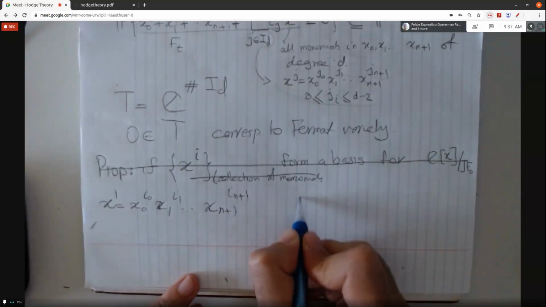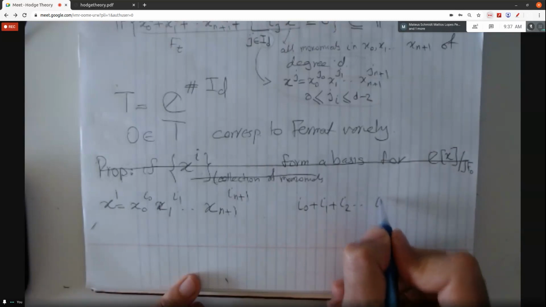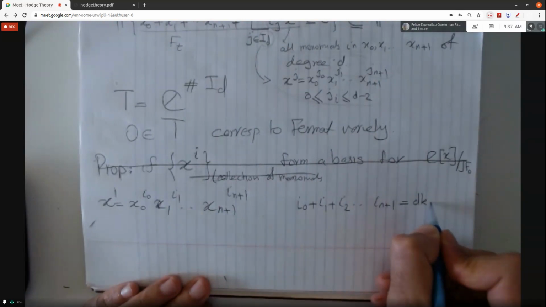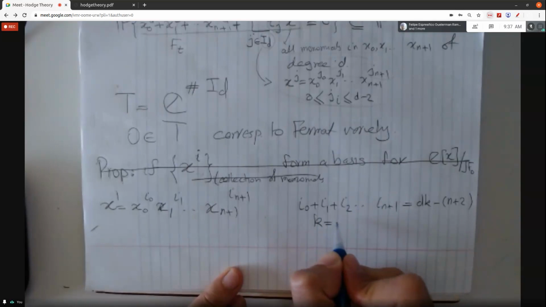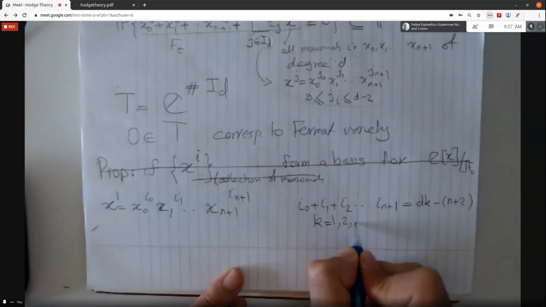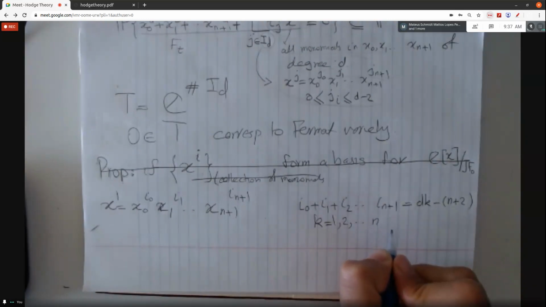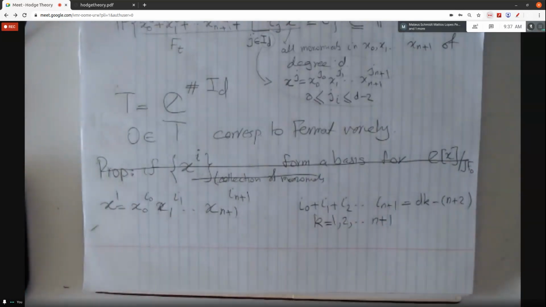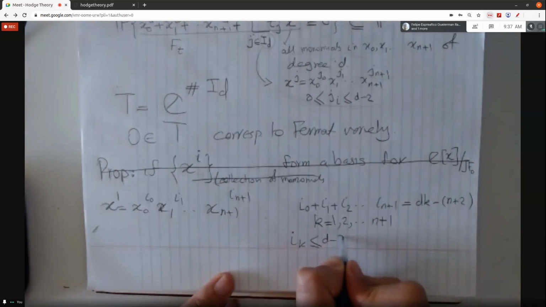So these I0 plus I1 plus ... plus In+1 equal, let's say, dk minus n plus 2. Maybe I write it and then I explain. K varying between 1, 2, until n plus 1, and all the Ik's are between 0 and d minus 2.